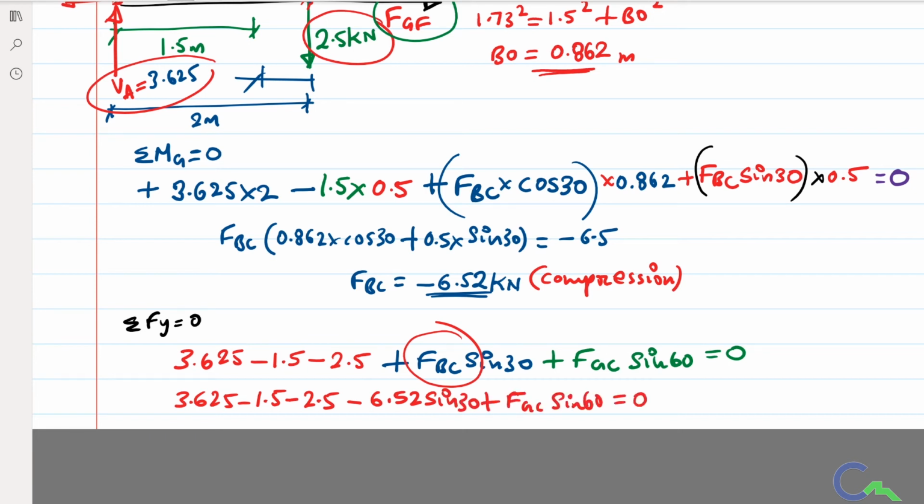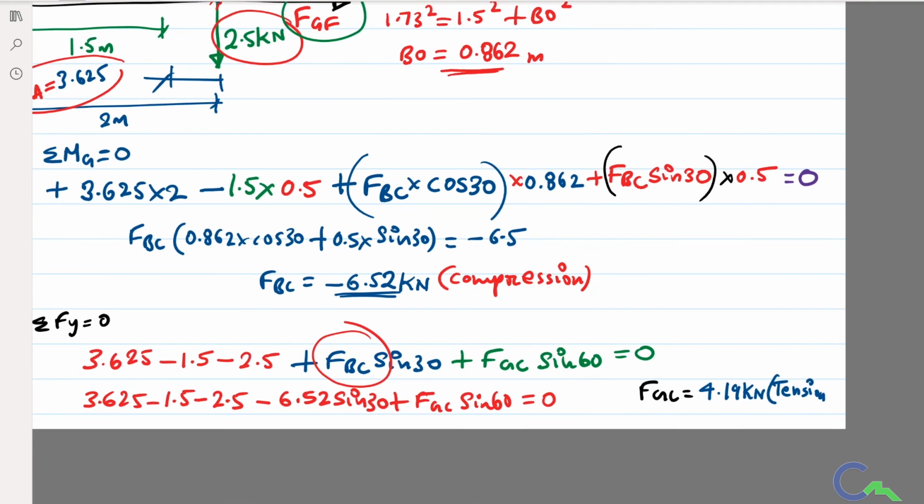Therefore FGC is equal to 4.19 kilonewton. We got a positive answer, therefore the assumption is correct, the member is in tension.